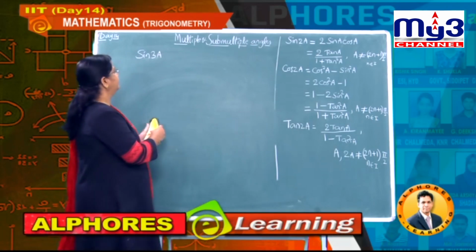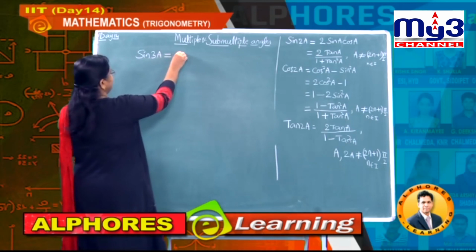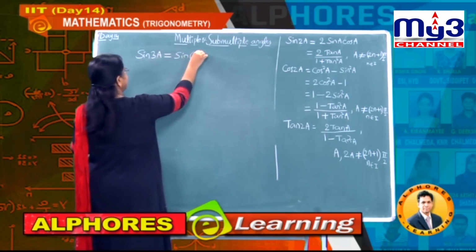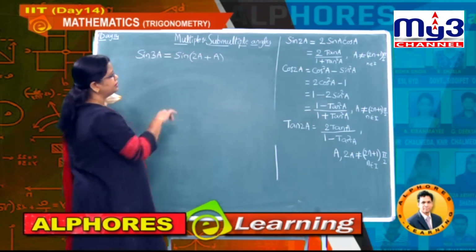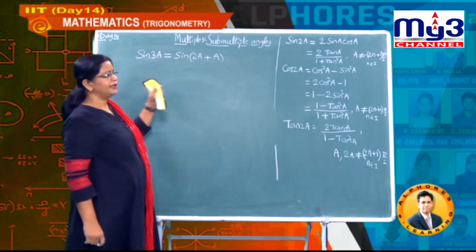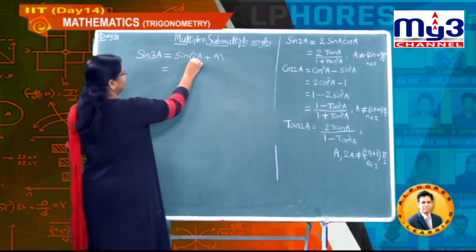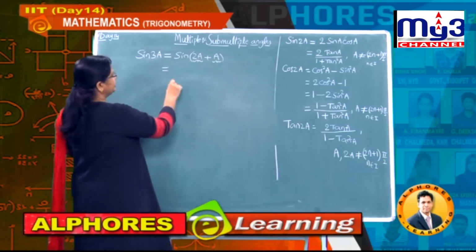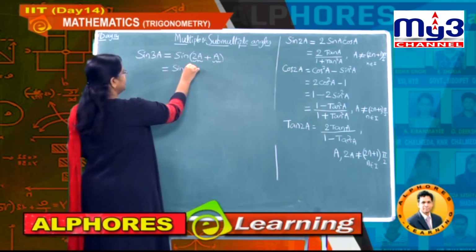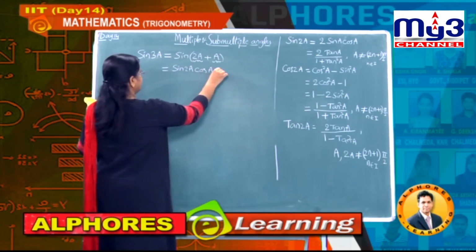Now sin 3a, what is this value? Sin of 2a plus a, or you can write a plus 2a also. So now I am writing 2a plus a. Then this will become, again using our concept of compound angles, sin 2a cos a plus cos 2a sin a.